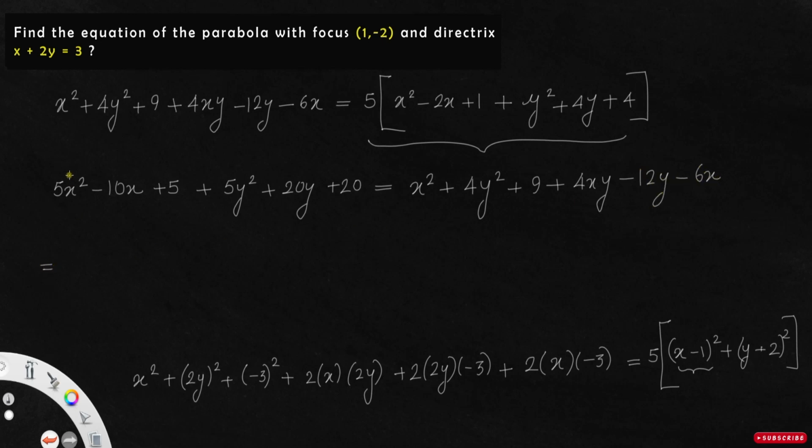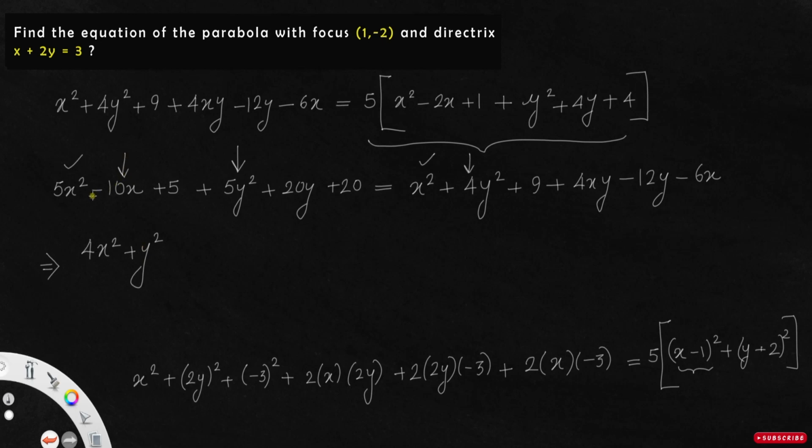So this will be 5x square and x square, it will be 4x square. Now 5y square and 4y square. I'll take this 4y square to the left, so it will be 5y square minus 4y square, that will be y square.